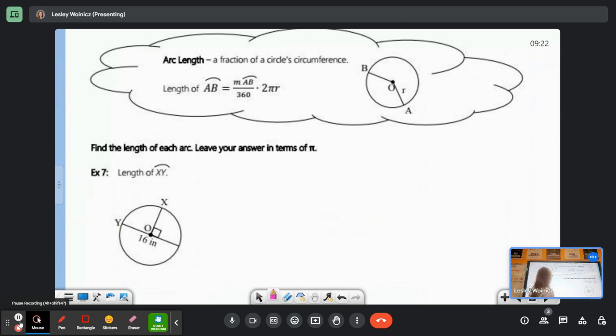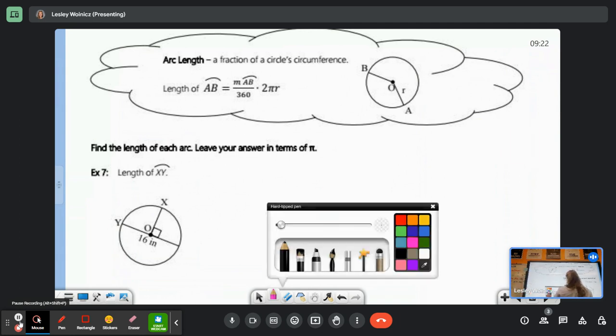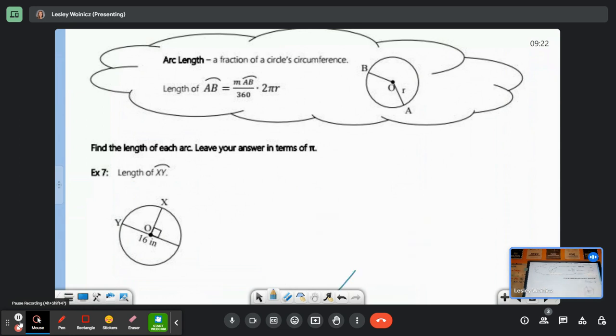So using that formula, we're going to find the length of XY. That's this one right here. The length of XY is the measure of the arc.